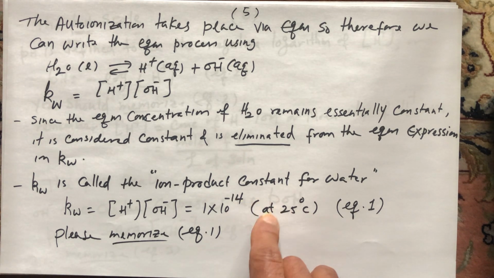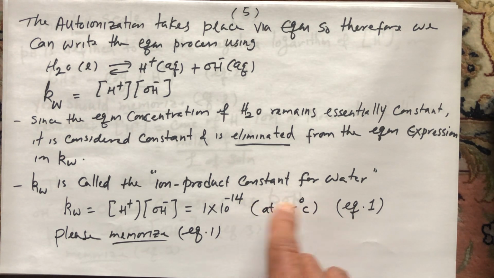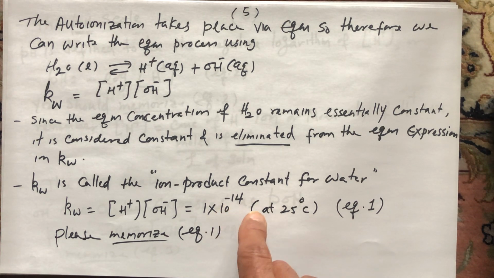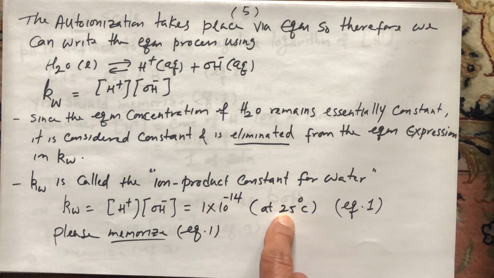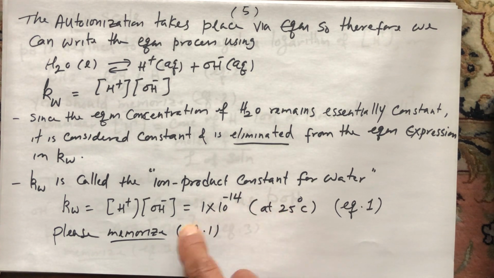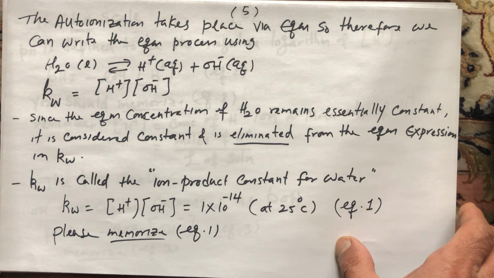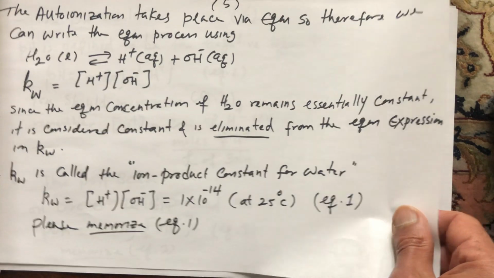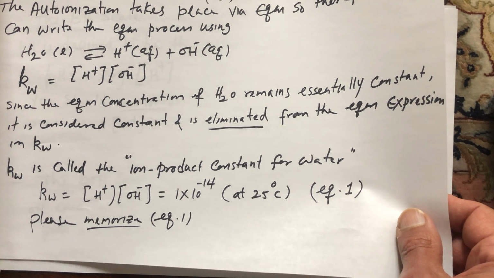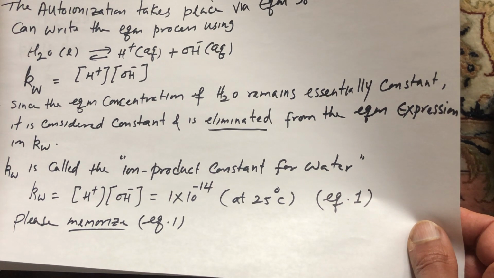The reason I've written 25 degrees Celsius in parentheses is because all Ks, whether they are Kw, Ka, or any other equilibrium constant, are temperature dependent. As we change the temperature, this number is going to change. So this is only true for 25 degrees Celsius. Let's memorize this equation, which I'm calling equation 1. That's the ion product constant for autoionization of water, 1 times 10 negative 14.